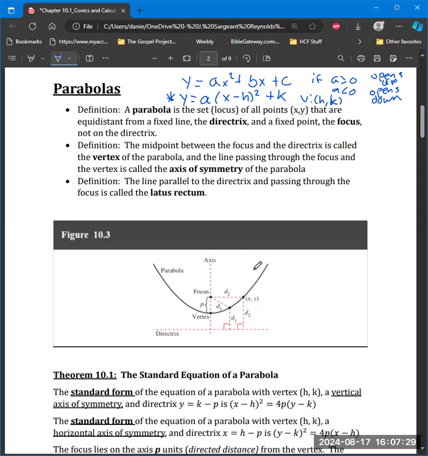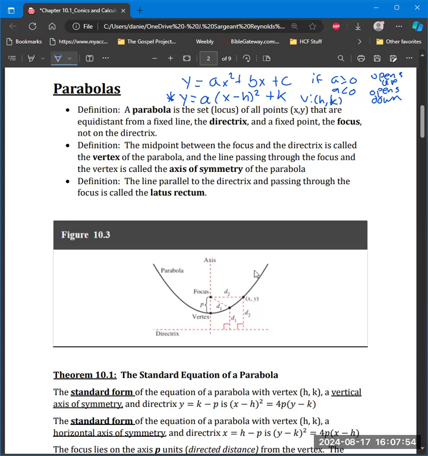So a parabola is the set, formally called a locus, of all points that are equidistant from a fixed line called the directrix here in this picture, and a fixed point called the focus right here on the picture that is not on the directrix. The midpoint between the focus and directrix is called the vertex of the parabola.